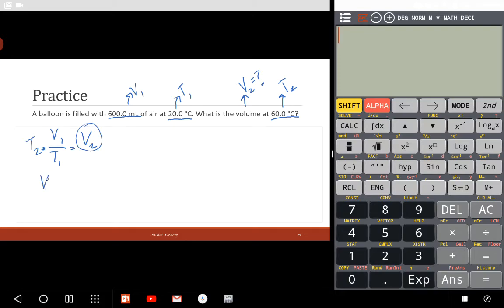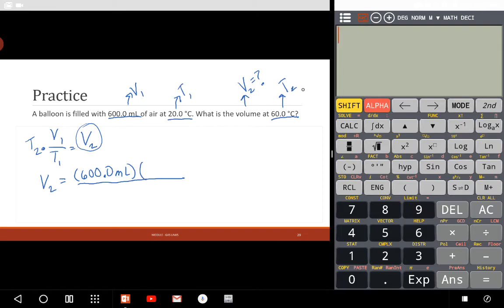So now I can flip that equation around. So V2 is going to be equal to V1, which is 600 milliliters. Remember, it doesn't matter what unit your volume is in, as long as your two volume units match, so that if you have milliliters here, you're going to get your second volume in milliliters.